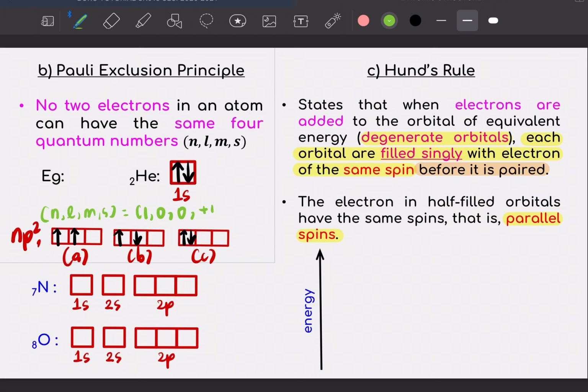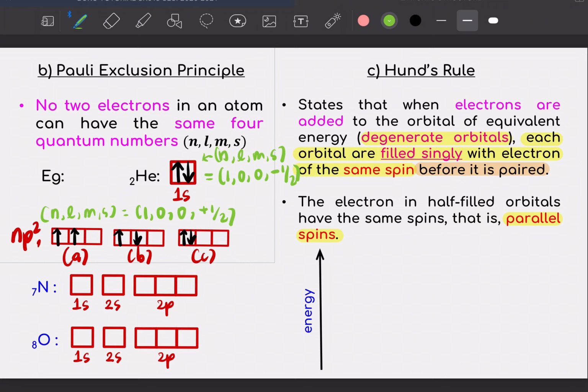While the one on the right will have n, l, m, s equal to 1, 0, 0, the same, but it is spin down, which is minus 1 over 2.